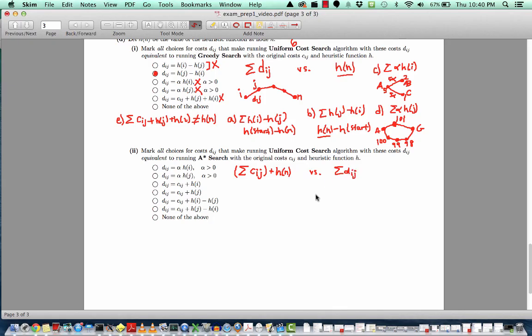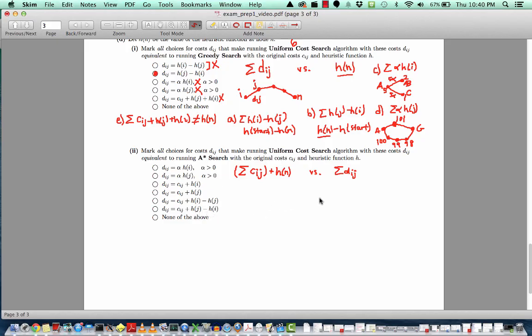This problem is actually quite similar to the previous problem in that when we determine dij, we want it to have the same ordering as the sum of cij plus h of n. So we want something in which the heuristics won't add up, but they will cancel out, so that we're just left with h of n rather than a sum over the heuristics.